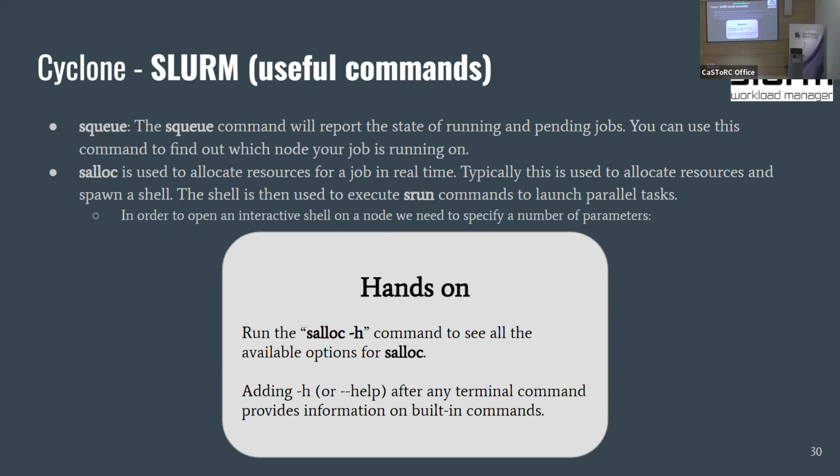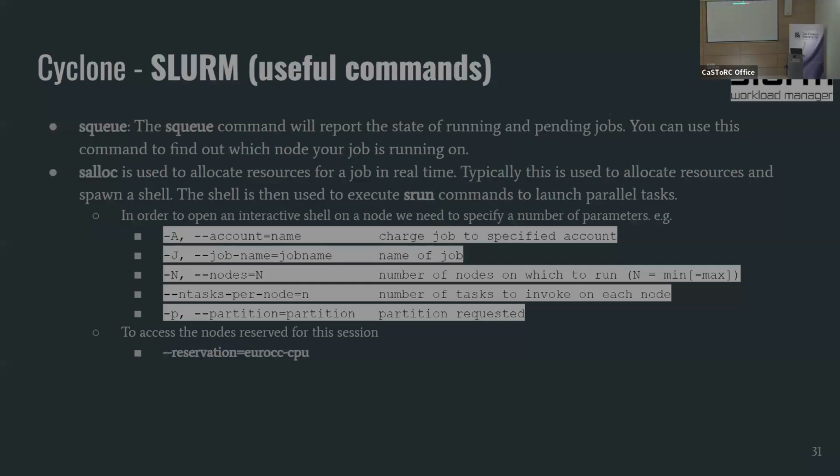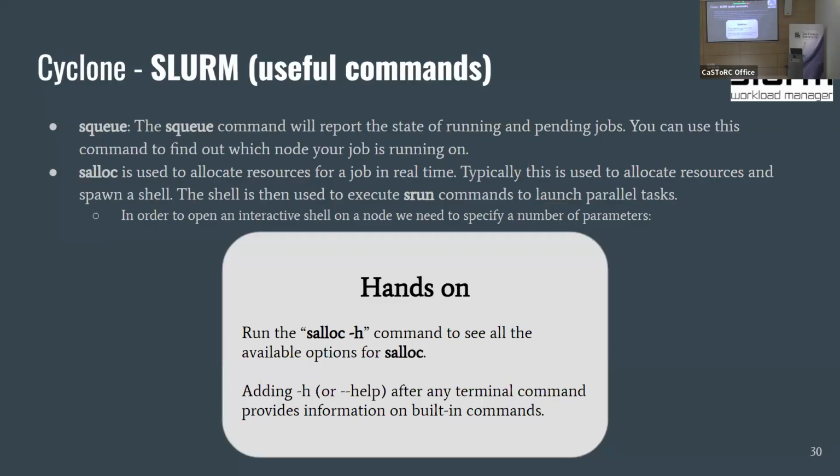In order to allocate resources for you for a job in real time, you can use the salloc command. This will open a live shell for you. And in order to do that, there's a number of parameters you need to specify for Slurm to allocate resources to you.